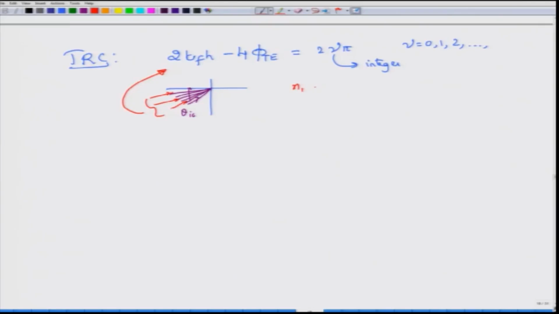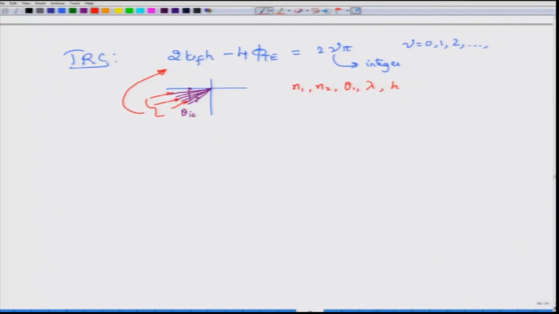This transverse resonance condition relates all these parameters. It relates n1, the refractive index of the film, n2, the refractive index surrounding the film, the angle of incidence theta 1, the wavelength of light lambda, and h, because h is present as part of the TRC. The sign of 2 kappa f h is opposite to 4 phi t e, and this point will be made clearer when we discuss the electromagnetic wave theory of the slab waveguide.